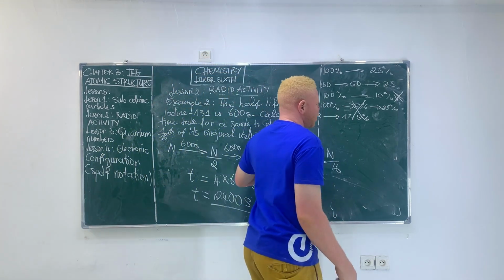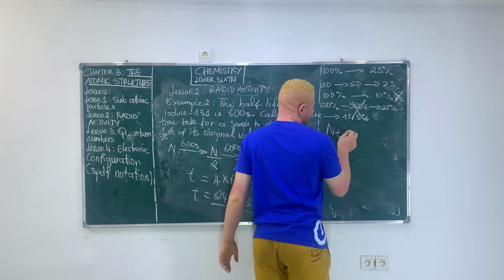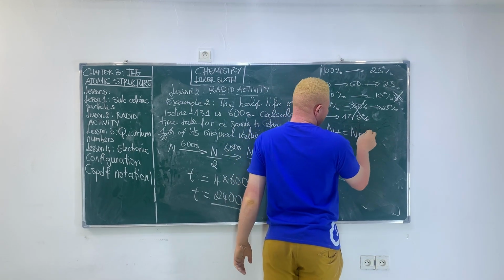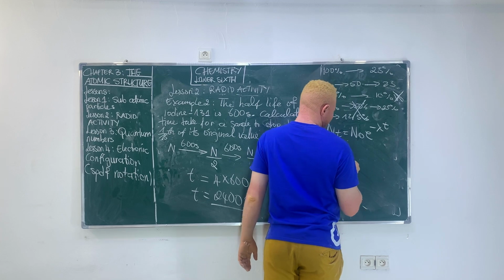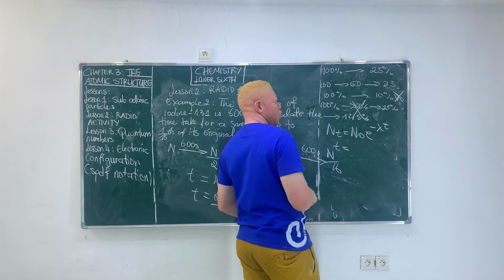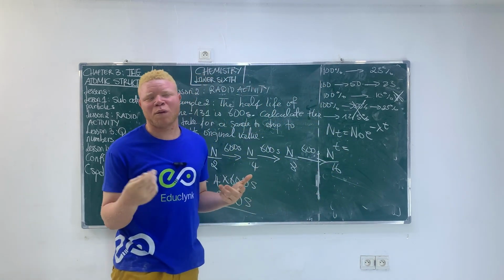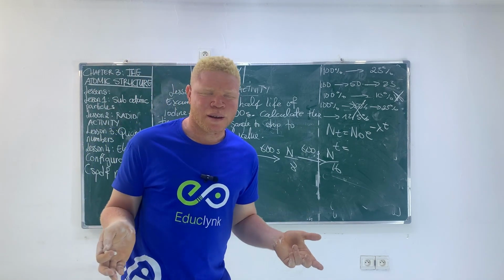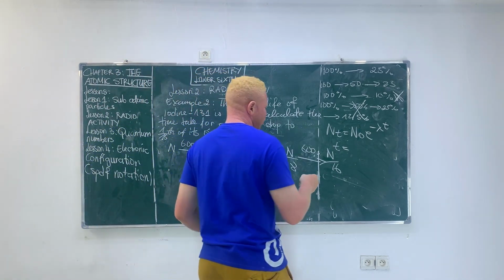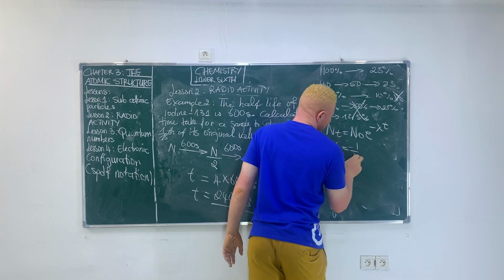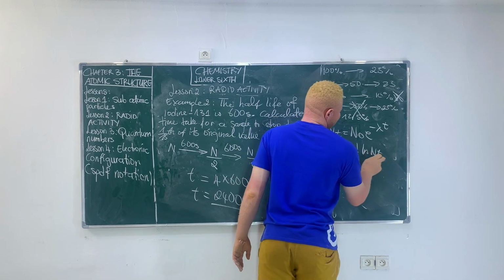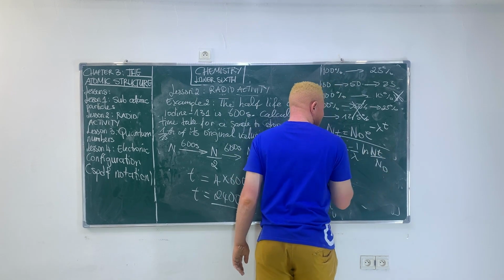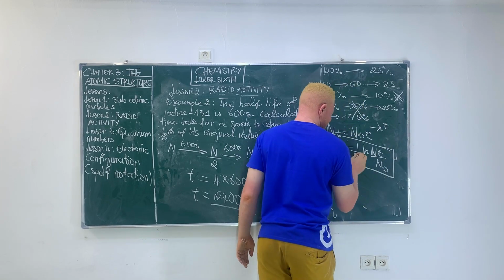appears or not. So our decay equation N_t = N_0 e^(-λt) gives us a formula for t. You're not obliged to prove the formula for t. You can just say t = -(1/λ) ln(N_t/N_0). That's the t formula.